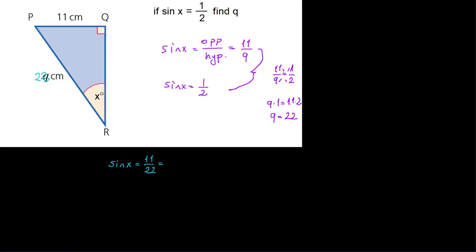When you simplify, both divisible by 11, 1 over 2. So we got the answer by using this ratio.